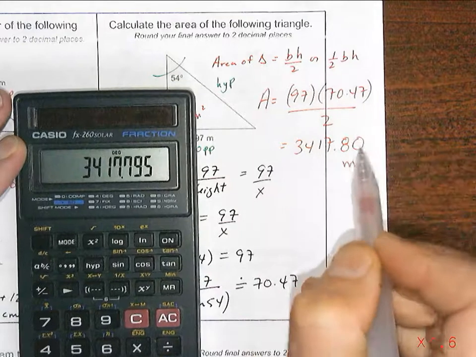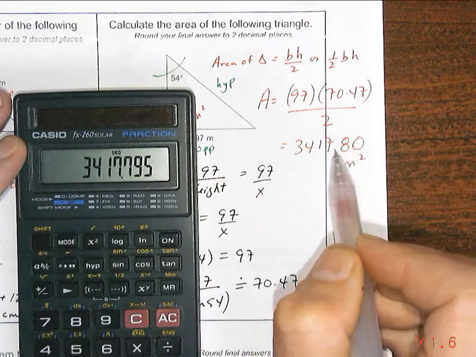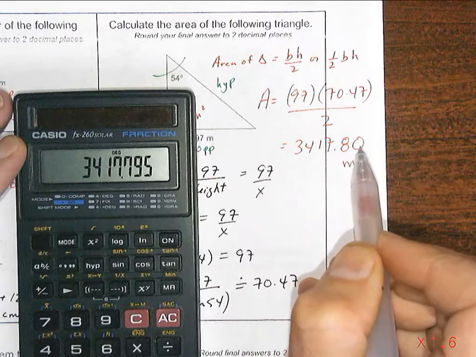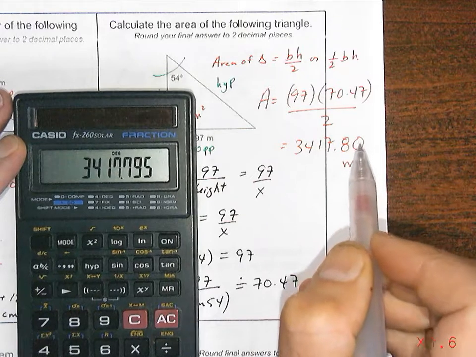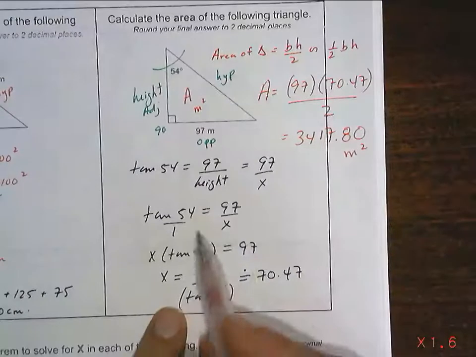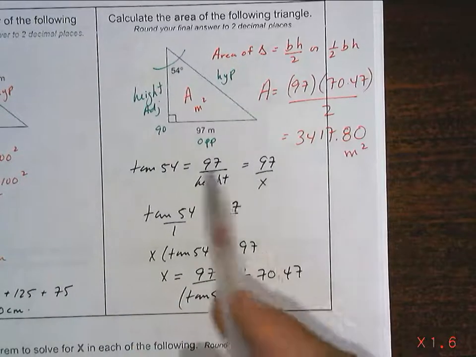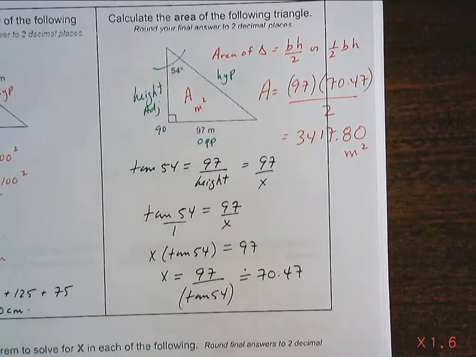We need the decimal 80 to show that it's rounded to 2 decimal places. If you just have decimal 8, we don't know that it's actually accurate to another decimal place. So there's your answer. And watch this. This is what you're going to need to solve some questions in here. Be able to come back and look at this as you go on. All right, ladies and gentlemen, do the next practice questions.